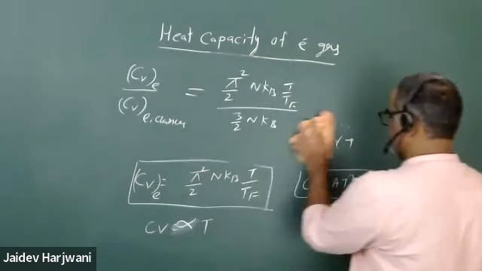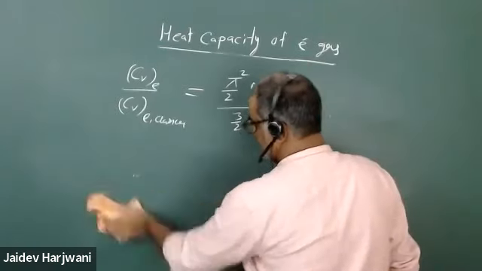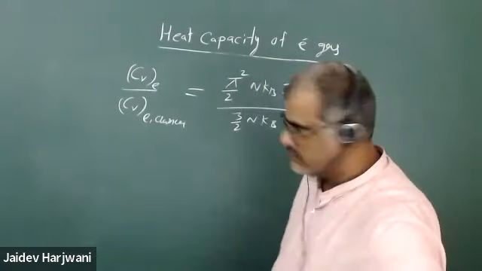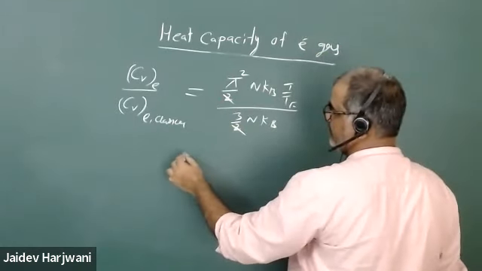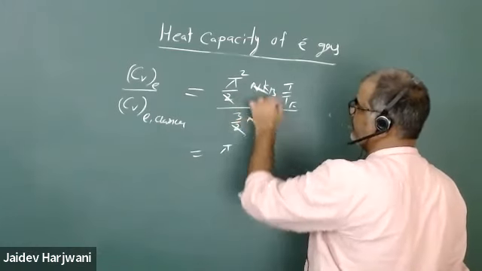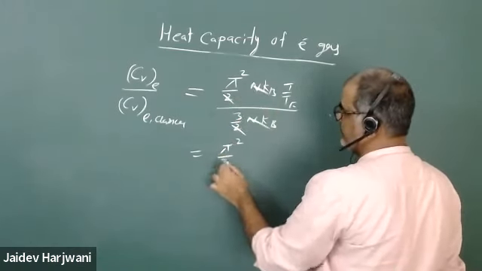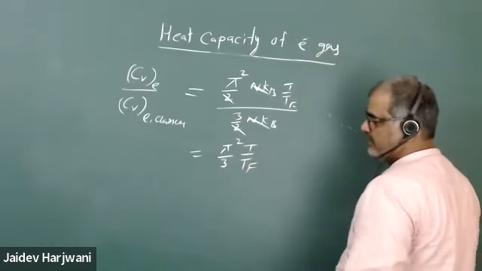Now if I solve this, this will cancel out, so the ratio will be pi square by 3 T by TF. This ratio sometimes they ask. Okay, this is the ratio.